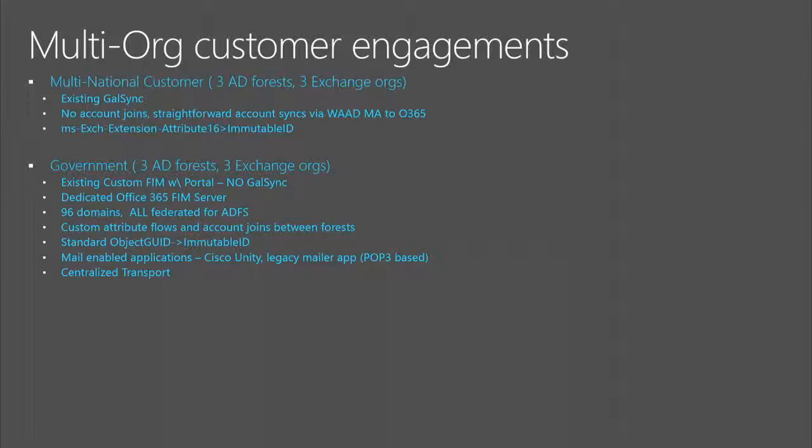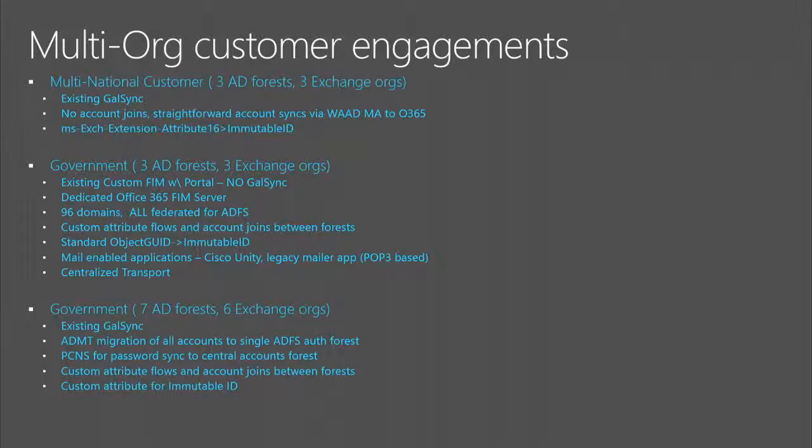With FIM, it becomes very complex when you have contacts represented in one forest. You need to join to users in another, and all of those kinds of complexities. They also had a lot of mail-enabled applications and centralized transport, which in a couple of slides I'll get to briefly, can introduce another complexity when we're talking about multi-org hybrid Exchange.